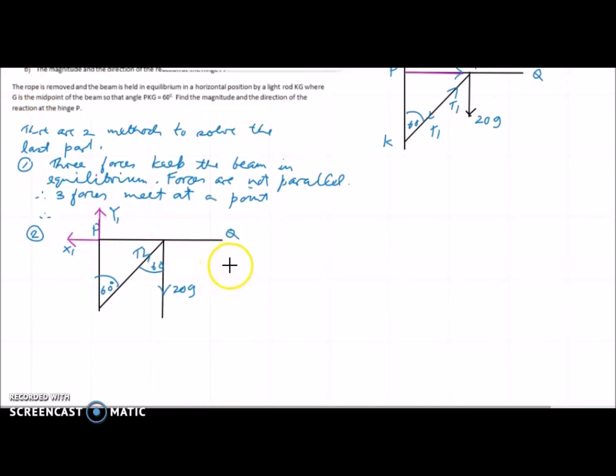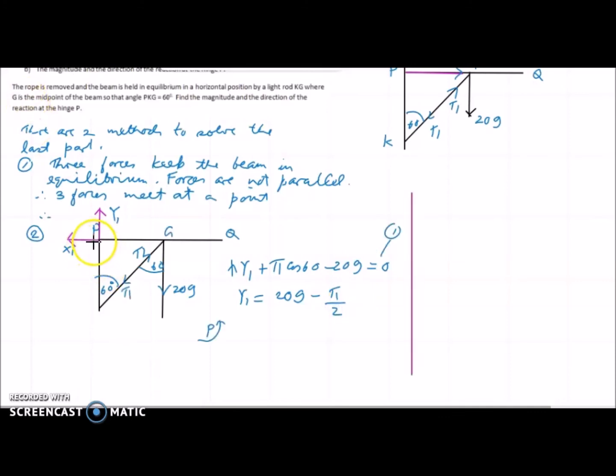Resolving vertically, you can write y1 plus T1 cos 60 minus 20g equals 0. Therefore, y1 equals 20g minus T1 cos 60, that is T1 by 2.